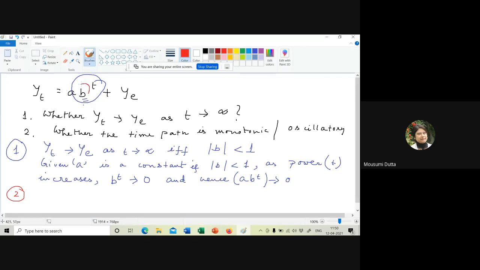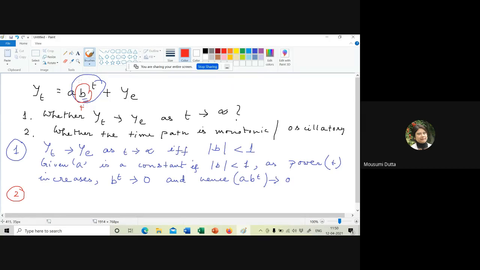Now, if this b is positive, in that case, both for the even and odd power, b to the power t will remain positive.